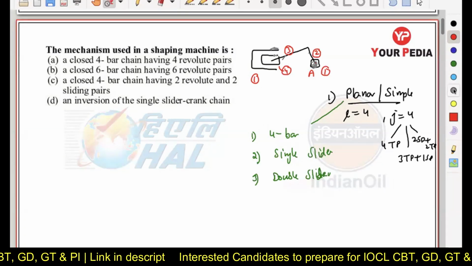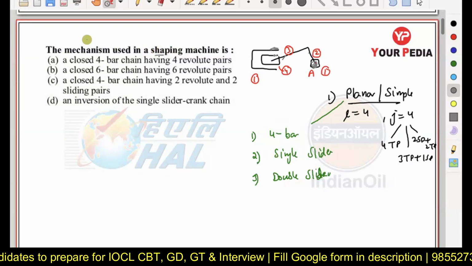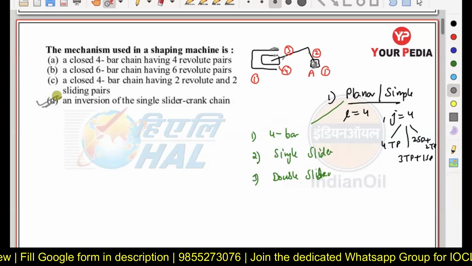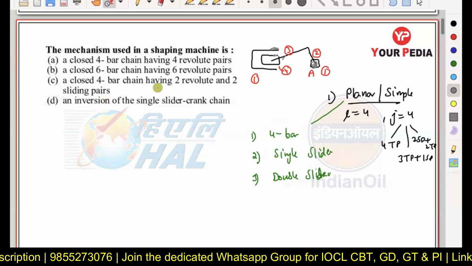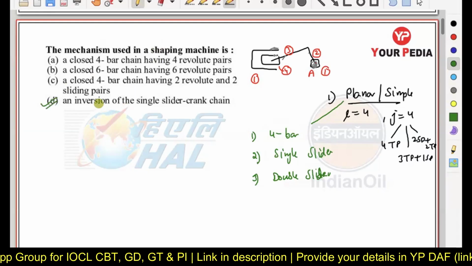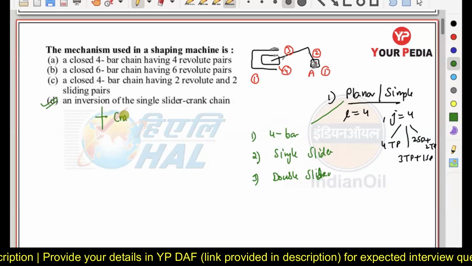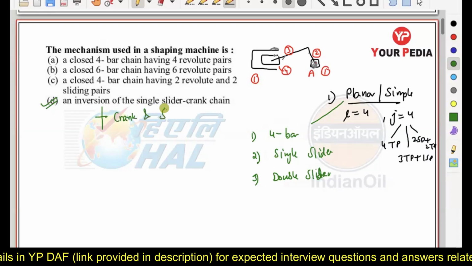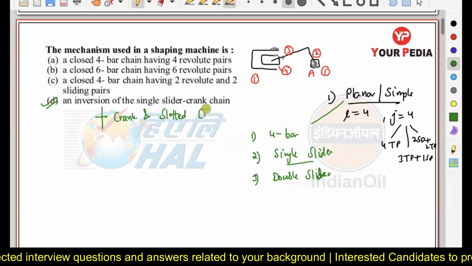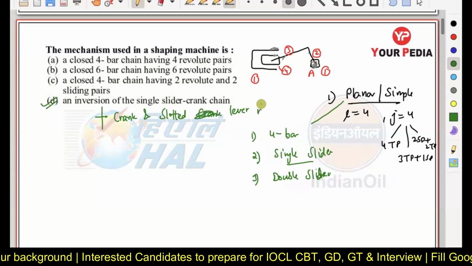Similarly, in the case of the shaping machine, we use one such mechanism, which is basically an inversion of the single slider crank mechanism, considered as the crank and slotted lever mechanism. So you have to remember that in the case of the shaping machine and the planer machine, we use a crank and slotted lever mechanism, which is an inversion of the single slider crank mechanism.